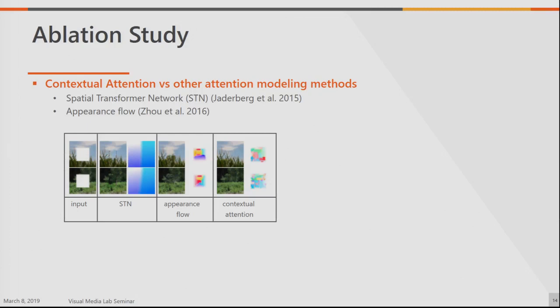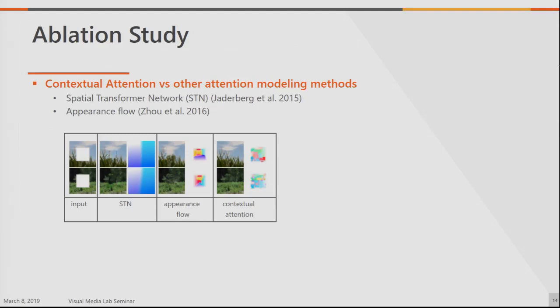Anyway, and then finally they also compared their contextual attention method with the other attention modeling methods that I explained in the related works. So first the spatial transformer network, which was used for object recognition. Here you have the two ground truth images, and then you see that even though the ground truth images are different, the attention map is actually the same.